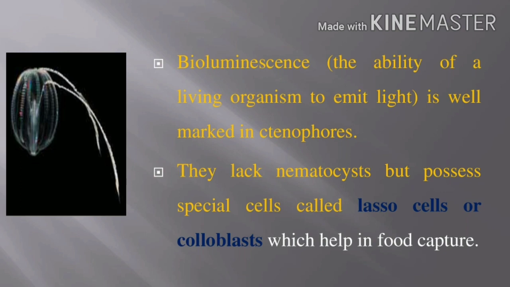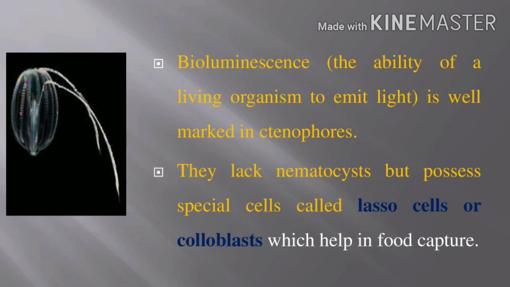Ctenophora lack nematocysts. What is the meaning of nematocyst? In the last phylum, Cnidaria, there are nematocysts with stinging cells. So Ctenophora lack those cells. But they also possess a special type of cell. What is the name of the special type of cell present?